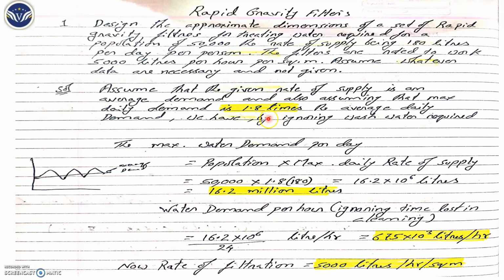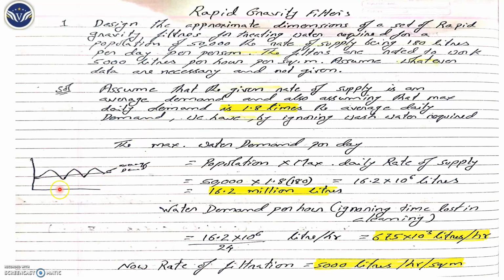First you need to calculate the water demand, and that demand has to be calculated on an hourly basis. Why have we assumed an average daily demand?